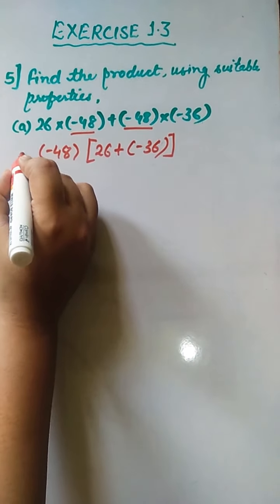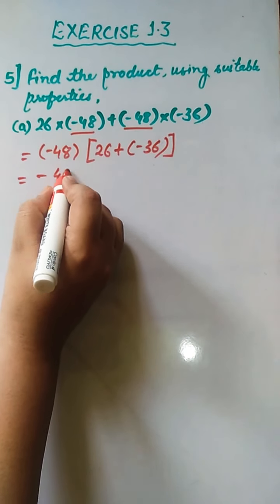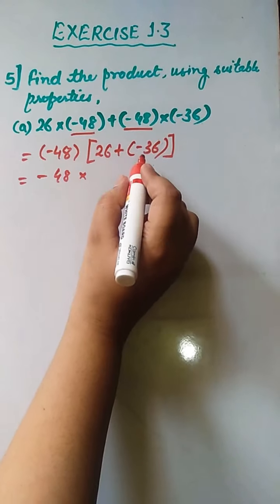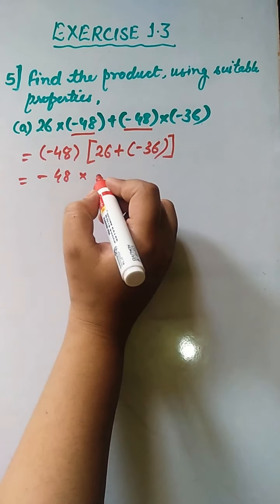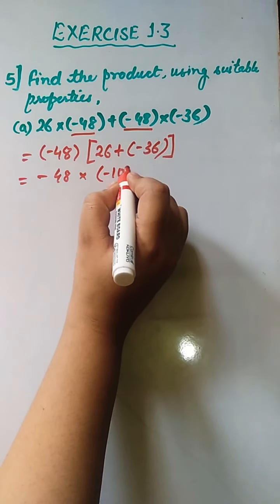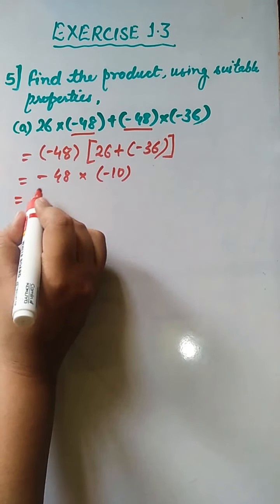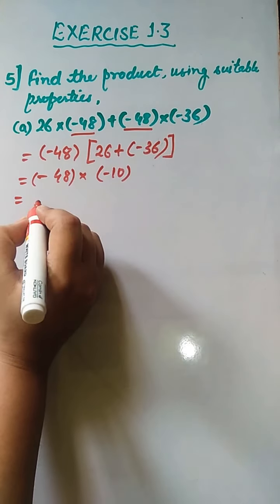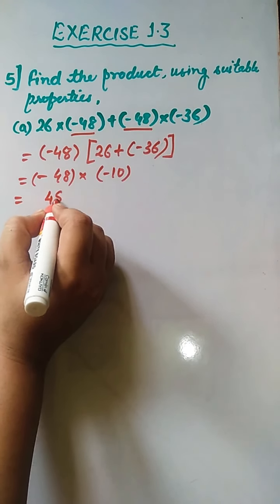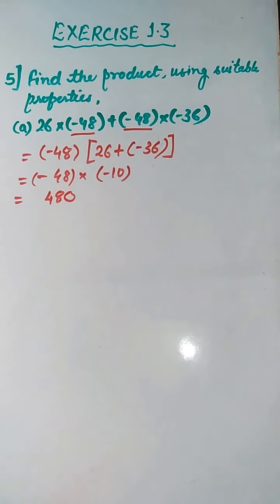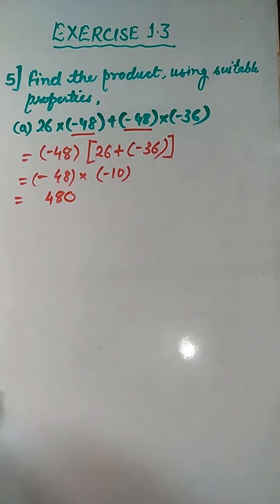We will close this bracket. Then minus 48 into 26 plus minus 36, plus minus will become minus, answer will be minus 10. Now minus 48 into minus 10 will be, minus minus will become plus, 48 into 10 will be 480. I hope you all have understood.